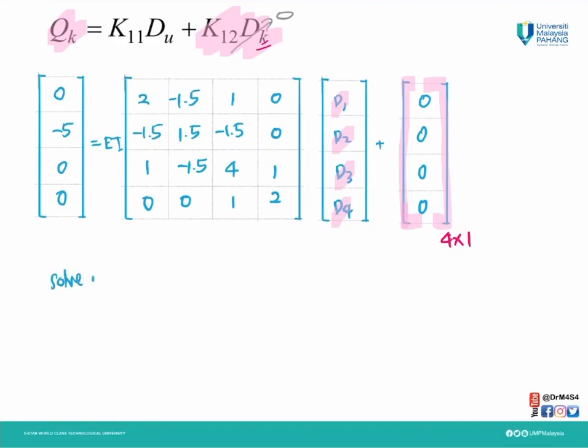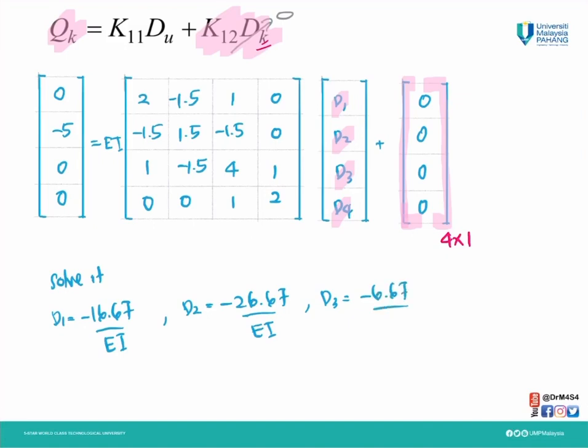Solve it, and we will get D1 is negative 16.67 divided by EI, D2 is negative 26.67 divided by EI, D3 is negative 6.67 divided by EI, and D4 is 3.33 divided by EI.